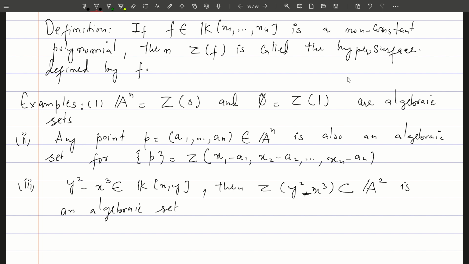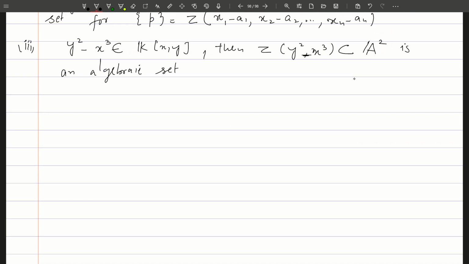If we look at the graph of this polynomial equation, it goes like this, and from here we have this branch. This is an algebraic set called the cuspidal cubic.